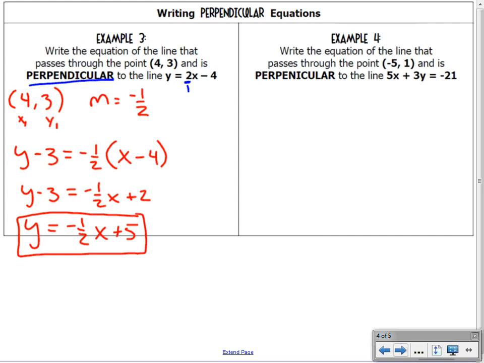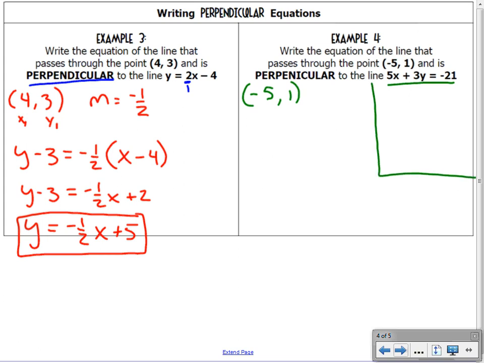Now the last one here, we're given our specific point again of negative 5, 1, but I don't immediately know the slope of this other line, and it needs to be perpendicular to this equation. I need to know the slope of that equation, so I solve for y.